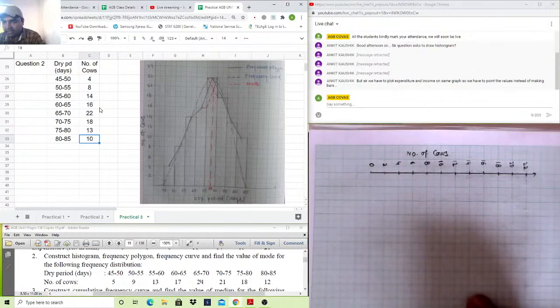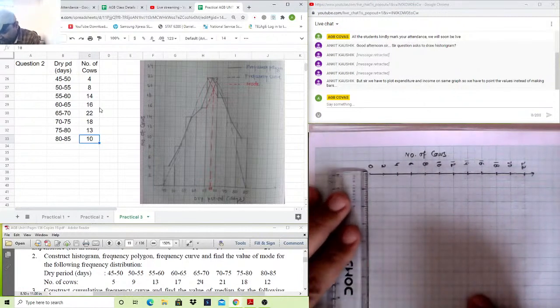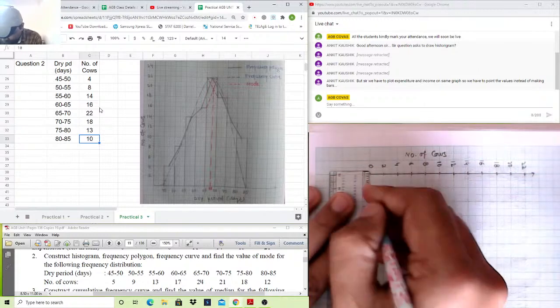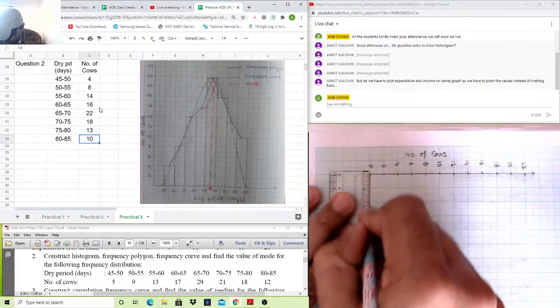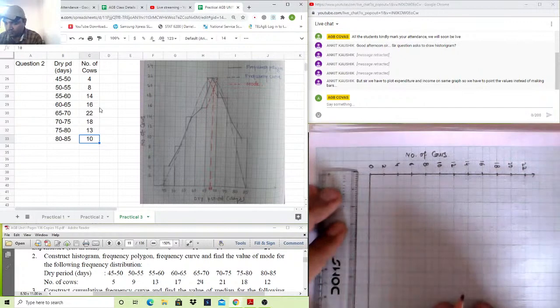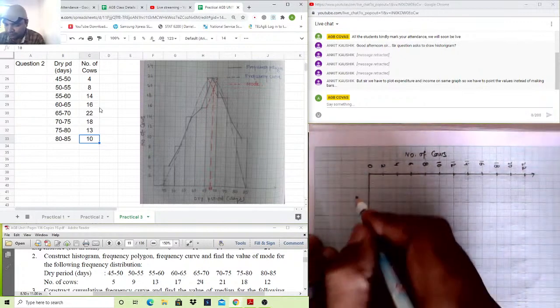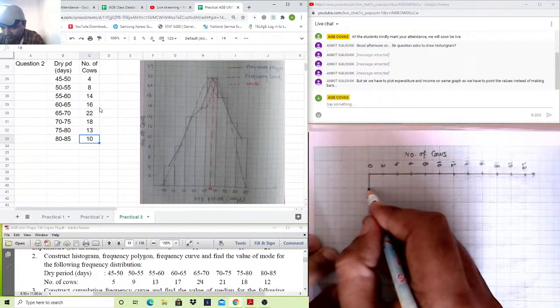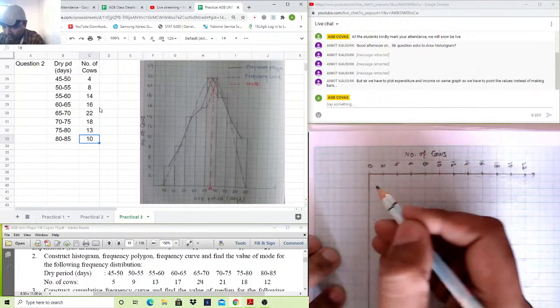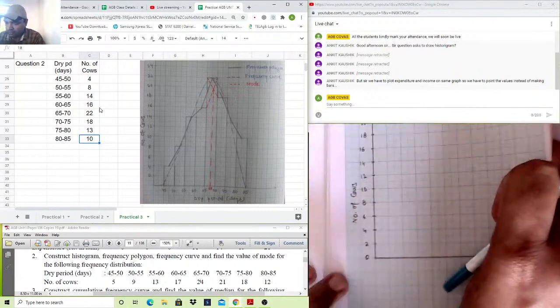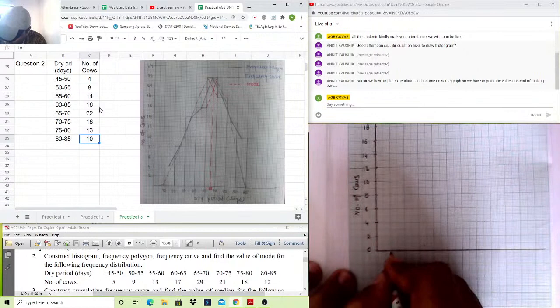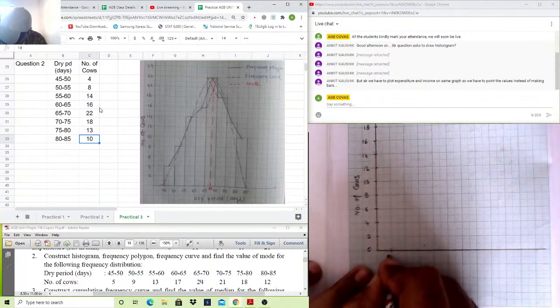Now on the x-axis, make the line first, and start from here. The first one is 45.